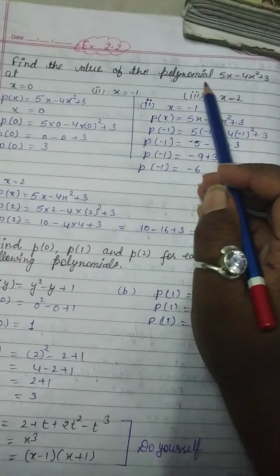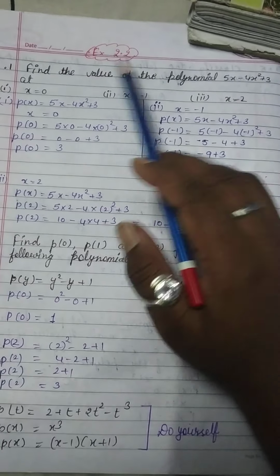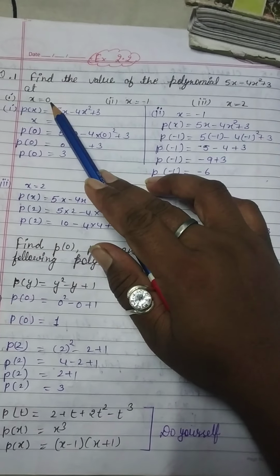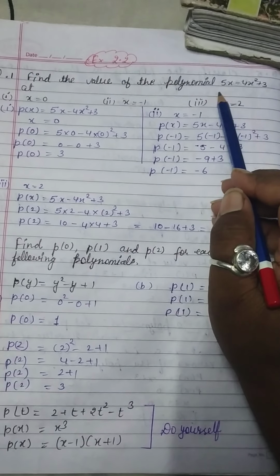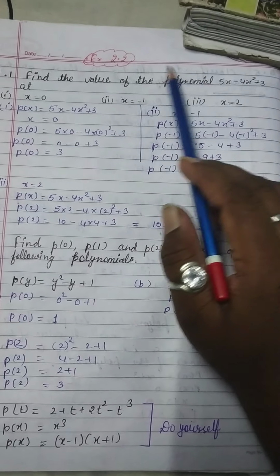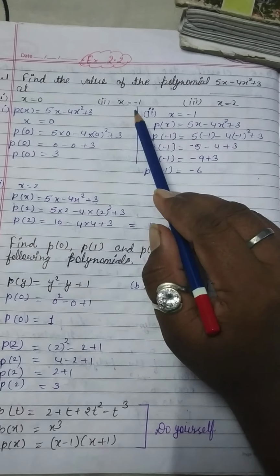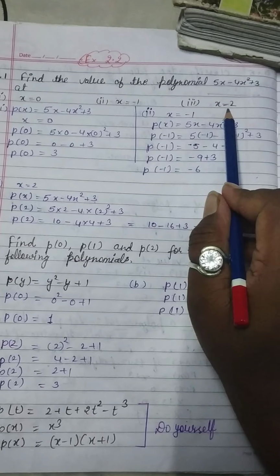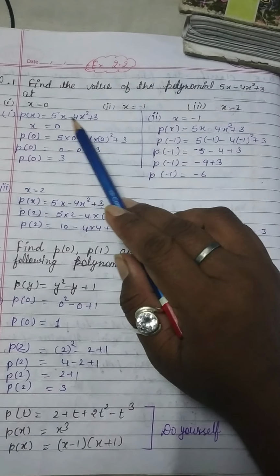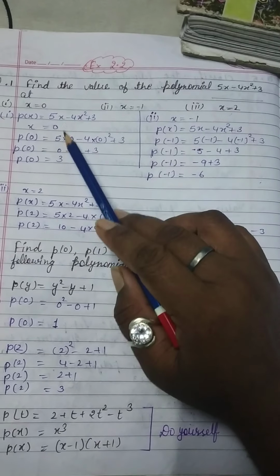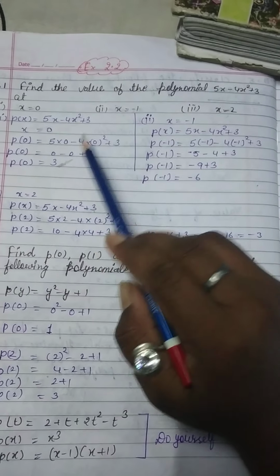Find the value of the polynomial 5x minus 4x square plus 3 at x equal to 0, x equal to minus 1 and x equal to 2. It means this is a polynomial and we have to find p(0), p(minus 1) and p(2). First of all, x is equal to 0, putting this value in this and finding the value p(0).